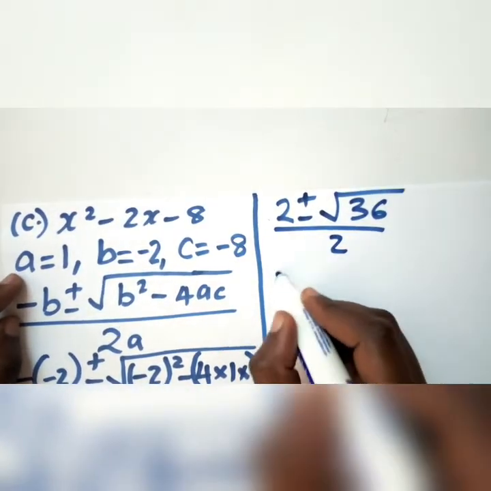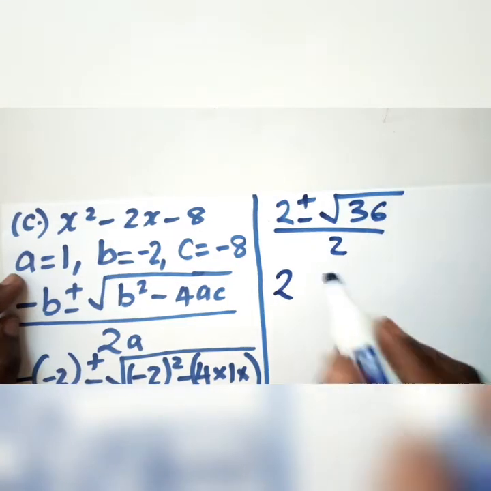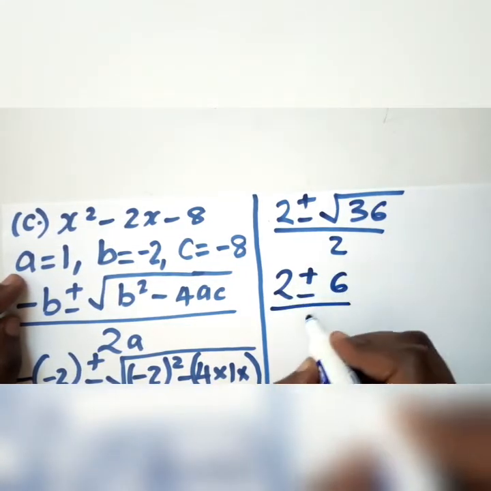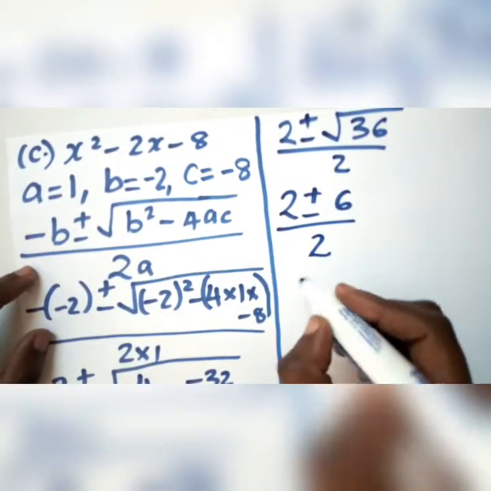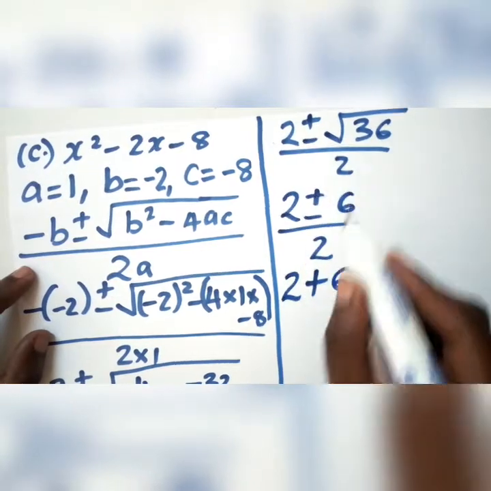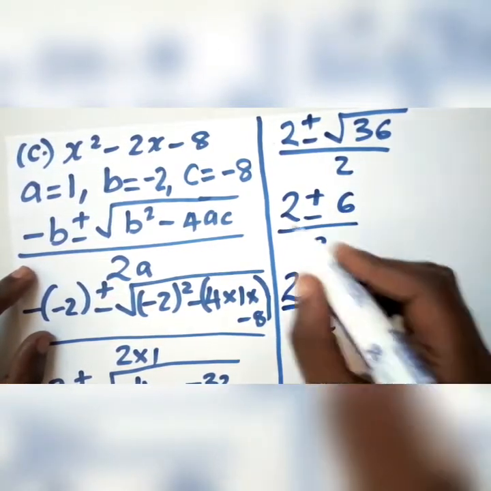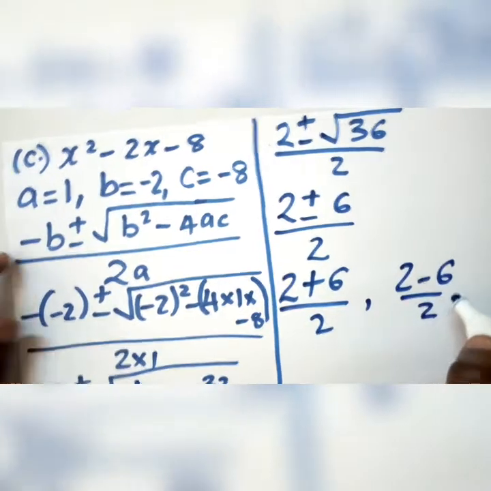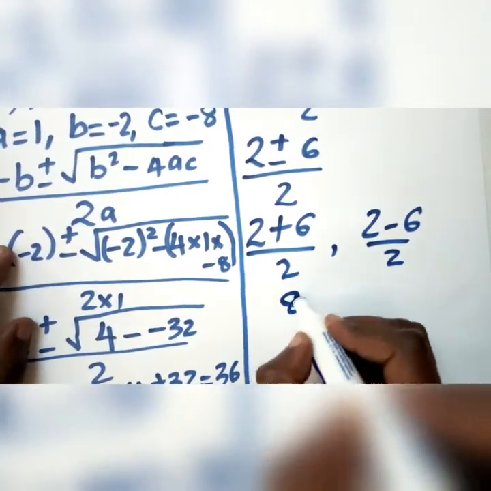So we have two options. What's the square root of 36? That is 6. So once again we have two answers. The first one will be 2 plus 6, so 2 plus 6 divided by 2. And the other one will be 2 minus 6, 2 minus 6 divided by 2. 2 plus 6, that's 8 divided by 2.